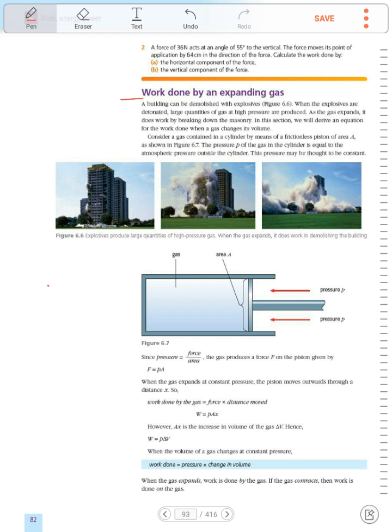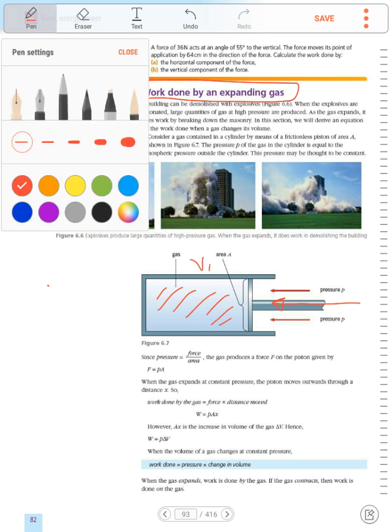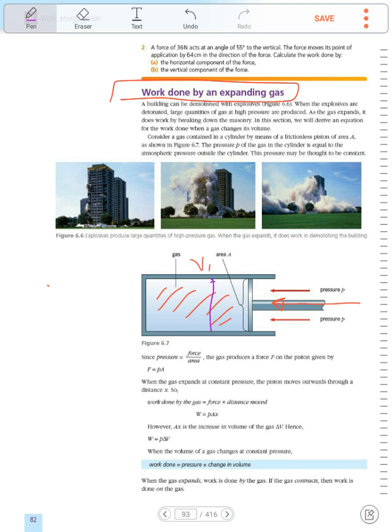Now, what about the work done by an expanding gas? Here we have a gas inside this piston and we have a force acting on this gas. So this is the initial volume of the gas. If we add a force, the piston will move inside.